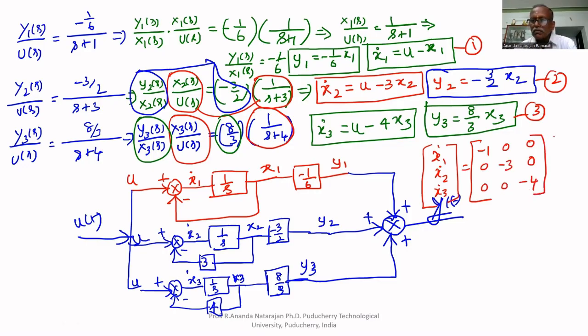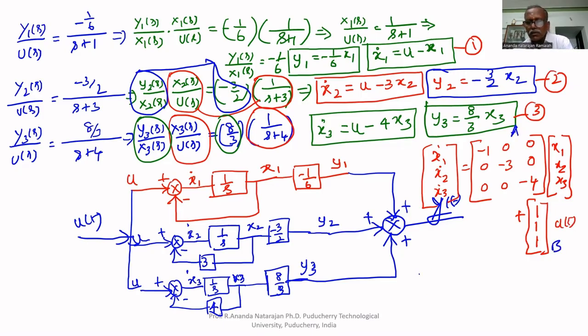A diagonal matrix, times x1, x2, x3, plus B matrix is what? Here 1 time u, x2 dot also 1 time u, x3 dot also 1 time u. So u of t. This is B matrix, this is A matrix.